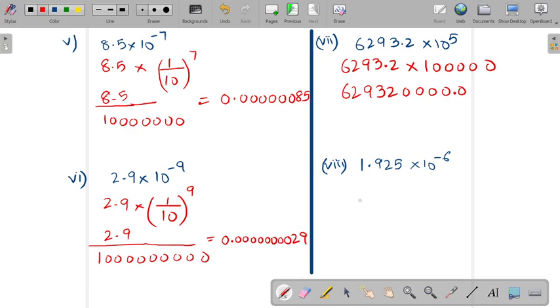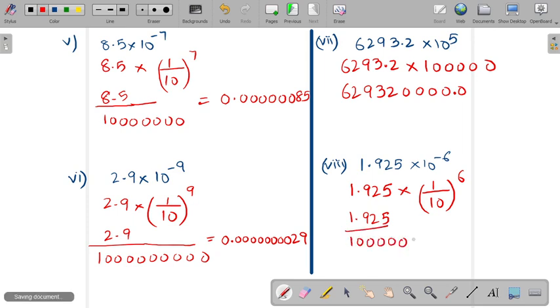In the eighth part, 1.925. So it would be 1 upon 10 power 6. So 1.925, and in the denominator the number of zeros would be 6.